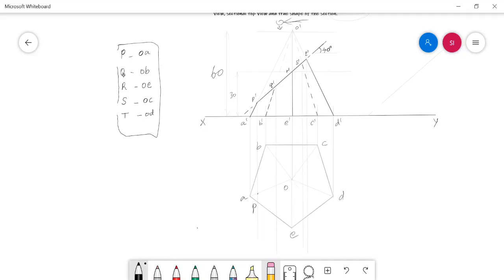And similarly, you have to mark the cut point Q in OB. So track the projector of Q. Whenever it intersects OB, you need to mark the cut point Q here.